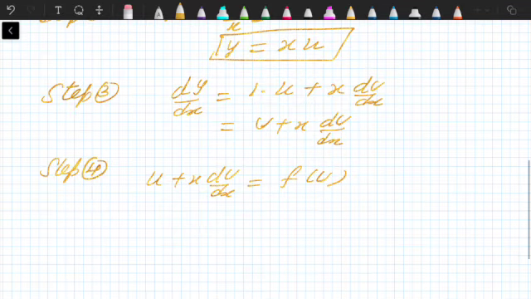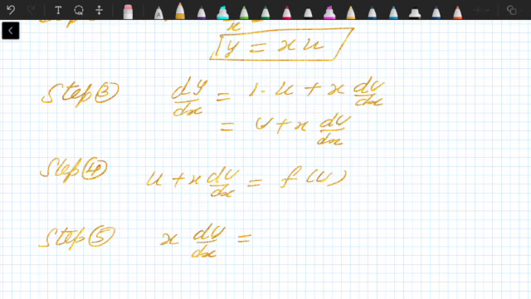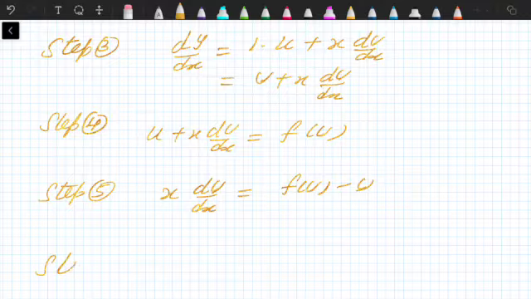Step number 5: separate the variables, with u on one side, so x du/dx = f(u) - u.